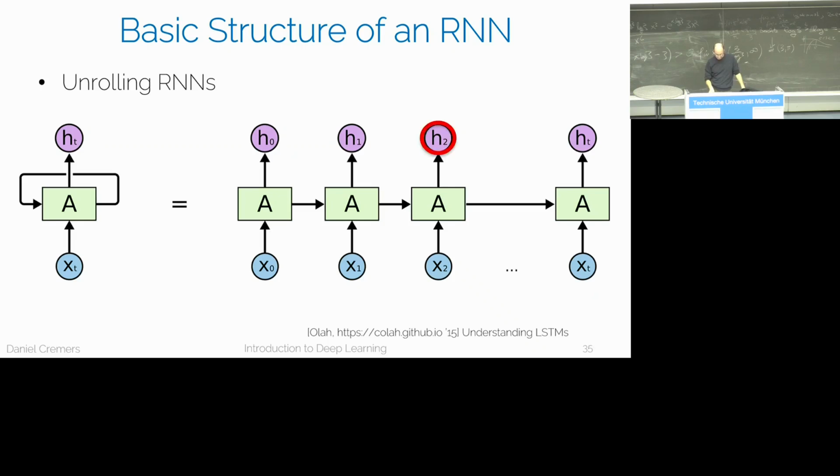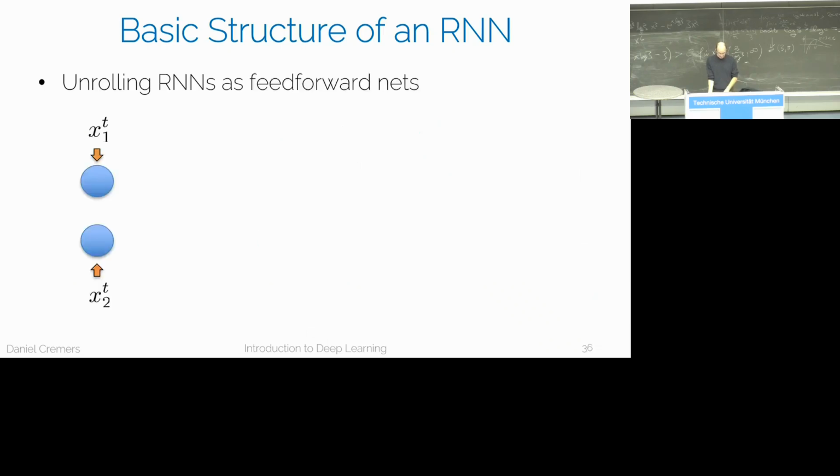And so the output at time 2 will depend on the input at time 2, but through the hidden state A, it will also depend on the previous inputs at time 1 and time 0. And once you unroll them, you can treat them as feed-forward networks.